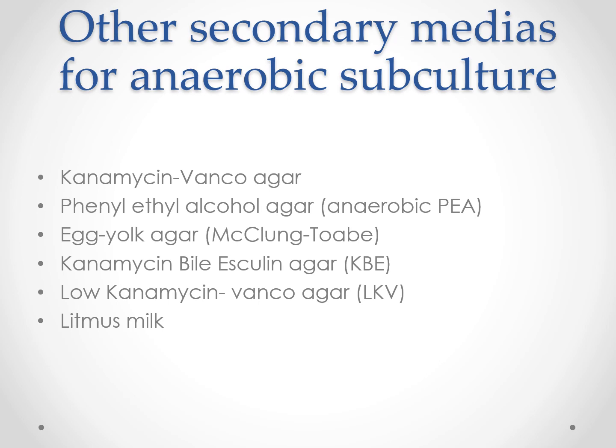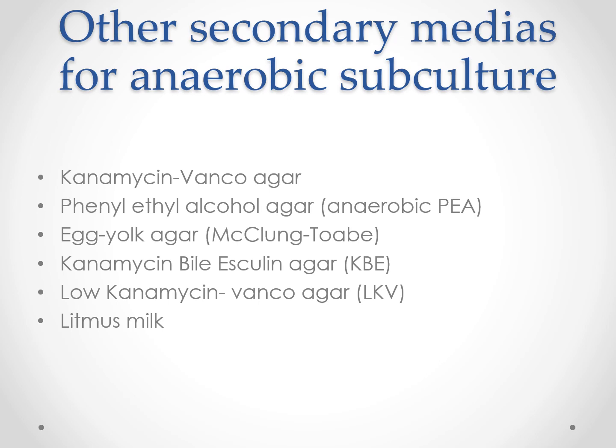There's a number of secondary medias that we can use for anaerobic subculture, and they're used for a variety of different reasons. We can use kanamycin, vancomycin agar to identify certain gram-negative anaerobes like Prevotella or Bacteroides. We can use phenylethyl alcohol agar or an anaerobic PEA for the isolation of anaerobic gram-positive organisms.